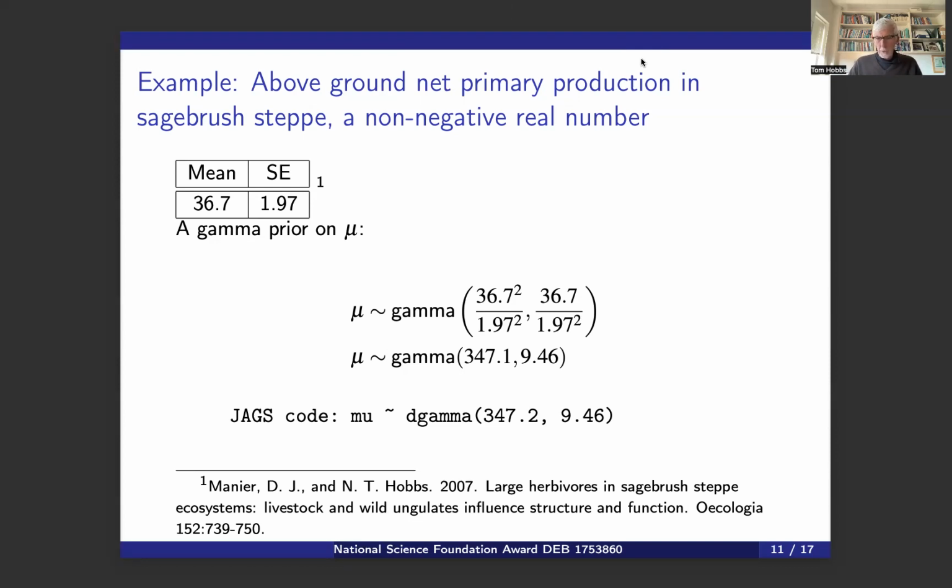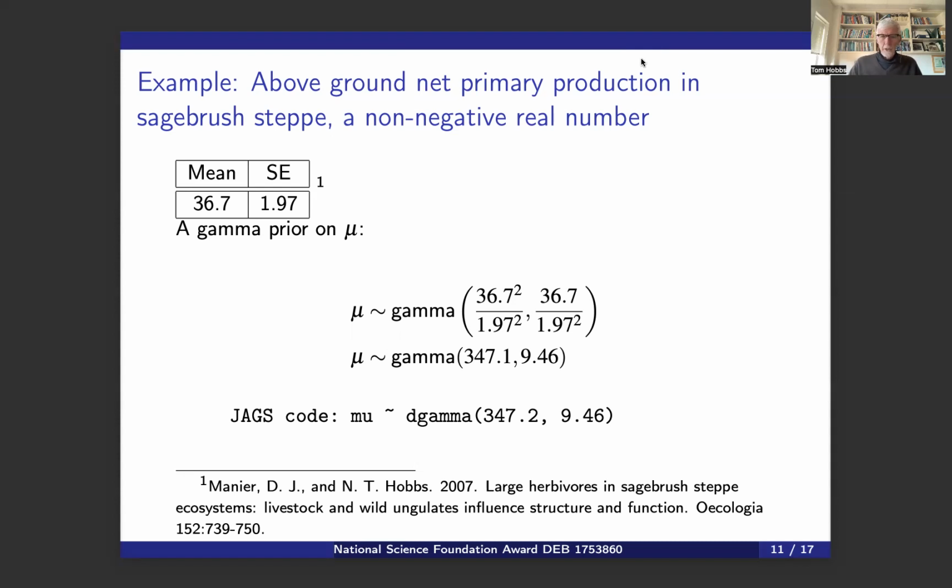So that's 36.7 squared over 1.97 squared, and then 36.7 over 1.97 squared, which, if we do the arithmetic, we have mu is distributed as gamma of 347.1 and 9.6.